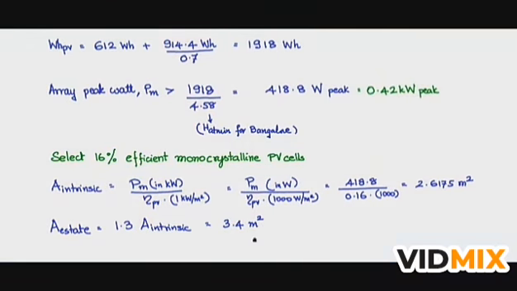So 3.4 meter square of area should be made available on the rooftop so that you can mount PV arrays having a net array peak watt capability of 418.8 watt peak or 420 watt peak for this particular application. So this is how you go about selecting the PV array size.